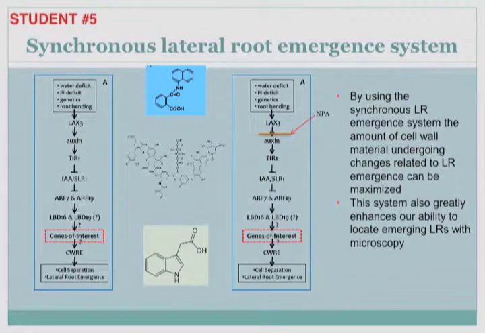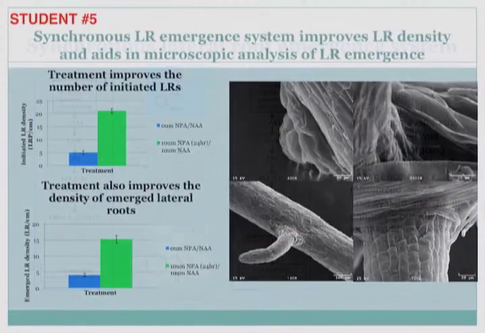On the left is the auxin signaling pathway we believe is happening during lateral root emergence, and we can selectively inhibit that pathway using an auxin transport inhibitor, and then release the inhibition using exogenous auxin and get a synchronous lateral root emergence.